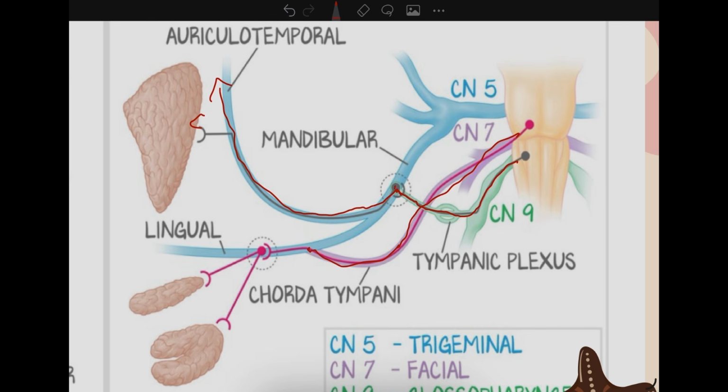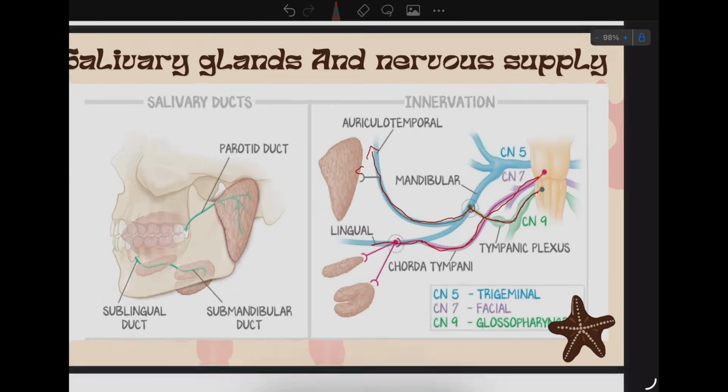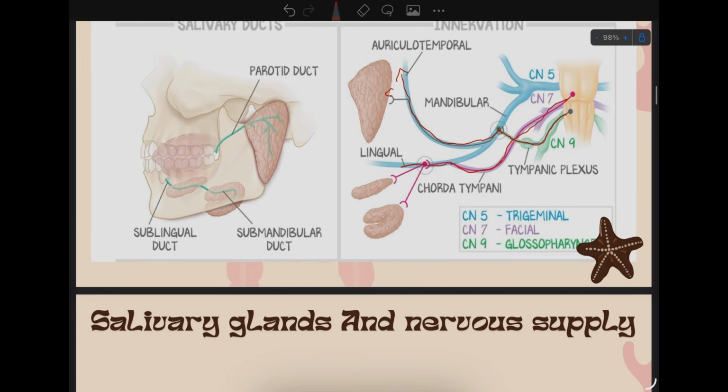It synapses and sends its fibers through the trigeminal nerve. So if a question comes, which of the following gives the parasympathetic innervation for the parotid gland? Never say trigeminal. It's going to be the glossopharyngeal, as we discussed, but it travels through the trigeminal nerve.